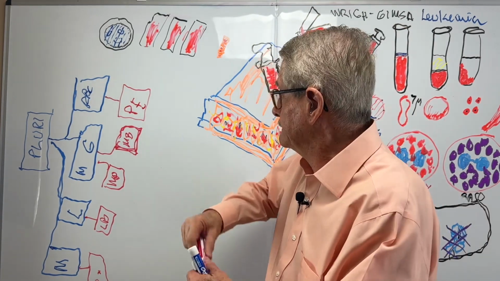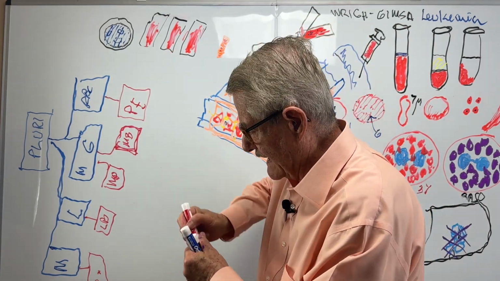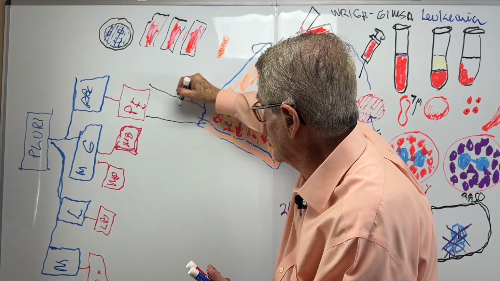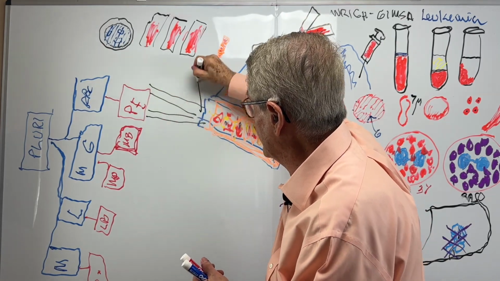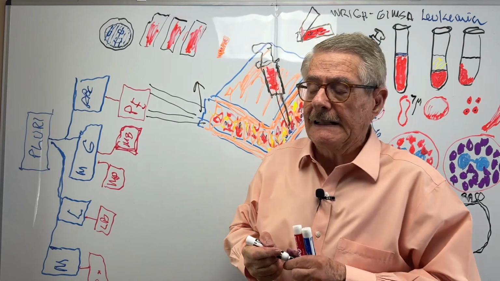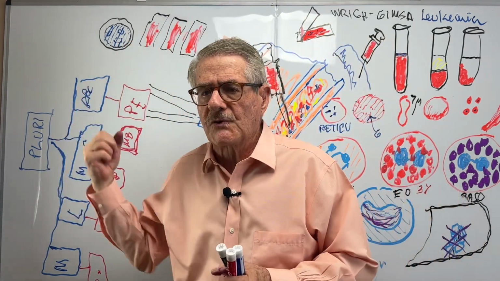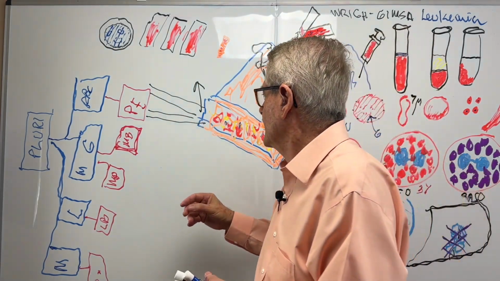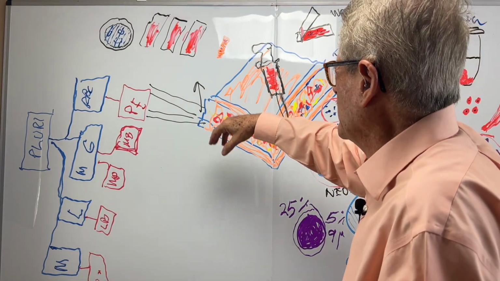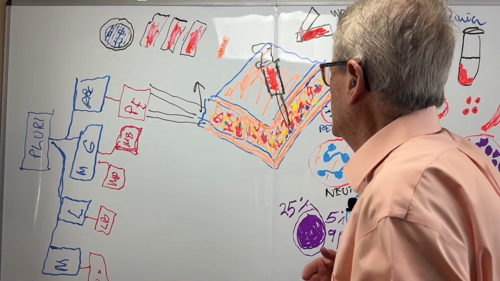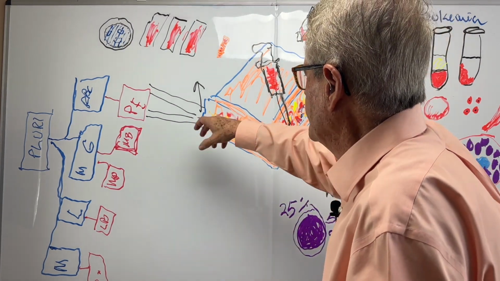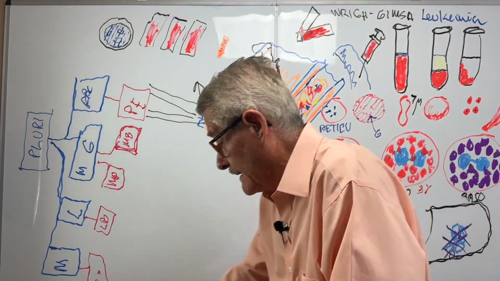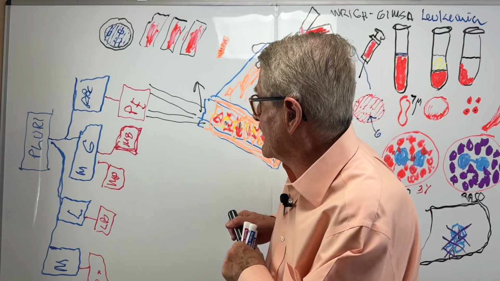These cells are going to get smaller, the nucleus gets smaller, and finally the nucleus is expelled with all the reticulum, endoplasmic reticulum and all the organelles, etc. Now the cell at the beginning begins to be very basophilic.